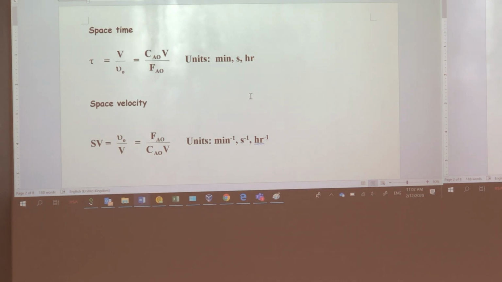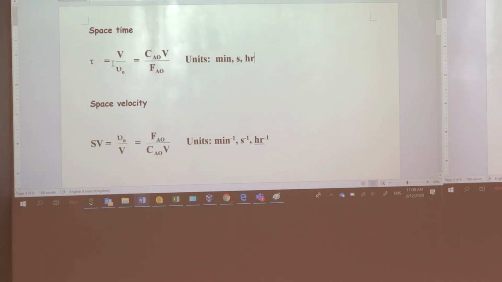What does it mean? The time needed to treat one reactor volume of fluid is the space-time. Remember? The time needed to treat one reactor volume of fluid is called space-time, right? Then you can say, this is the definition of space-time.